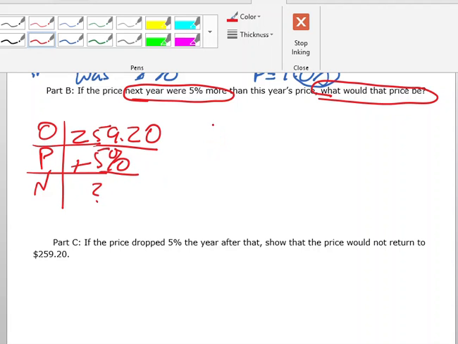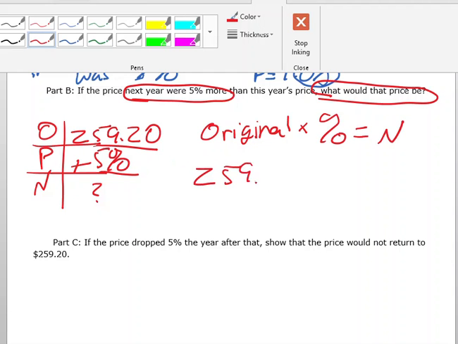All right, so I'll write over here original times percent equals new. Original is 259.2 times, when I add 5%, so I'm going to go 1.05, right? So that represents the 100% plus that additional 5%.